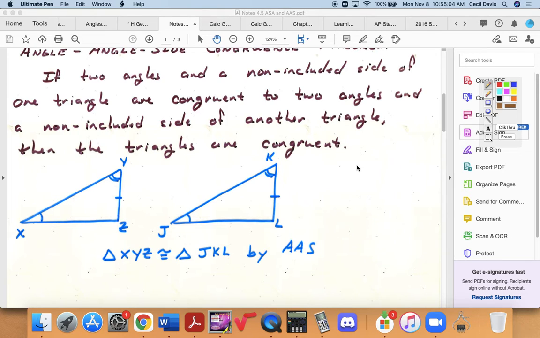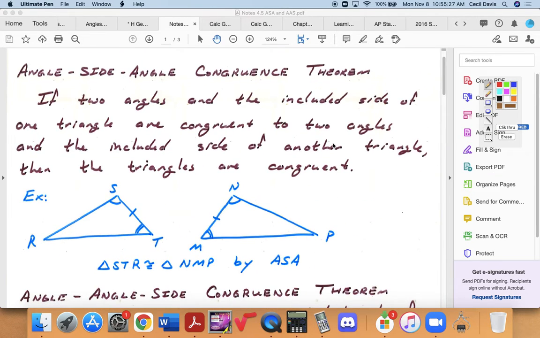Yes? Do the angles and sides for both triangles need to be the same ones? What do you mean the same ones? Like, if in one triangle N was an angle, P was the side and P was the angle, but in the other it was different.